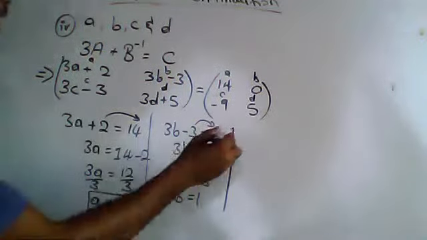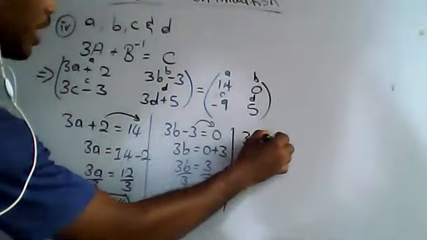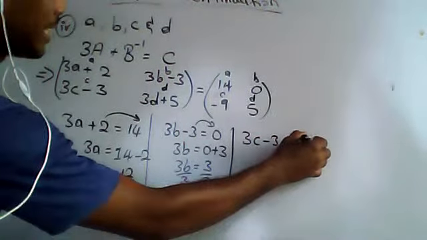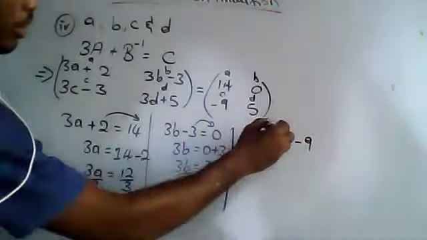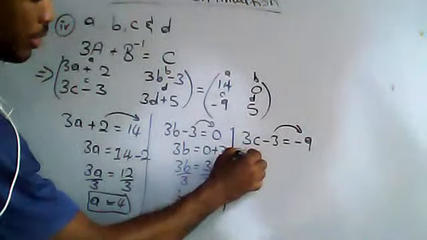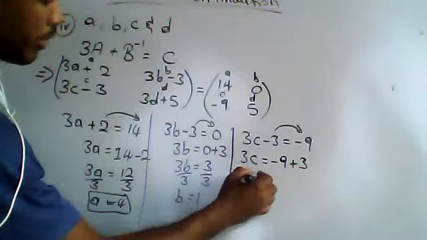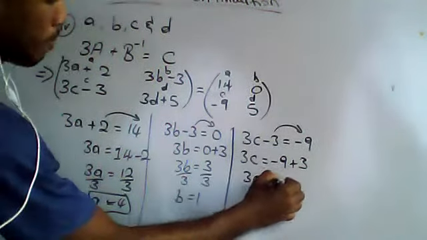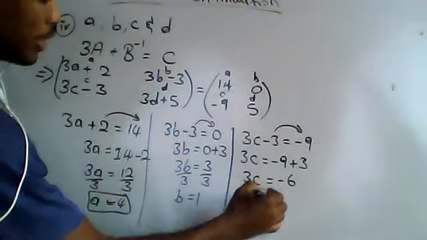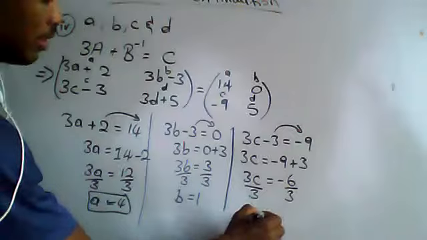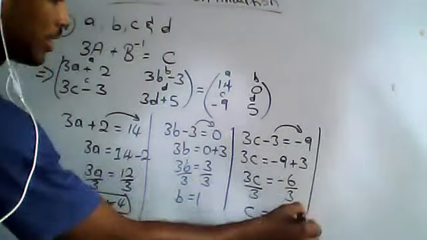Next, we're going to solve for C. For C, we have 3C minus 3 equals minus 9. So I'm going to collect like terms again. So we're going to have 3C equals minus 9 plus 3. We're going to have 3C being equal to minus 6. Divide both sides by 3, we're going to have C equal to negative 2. So that's the value for C.